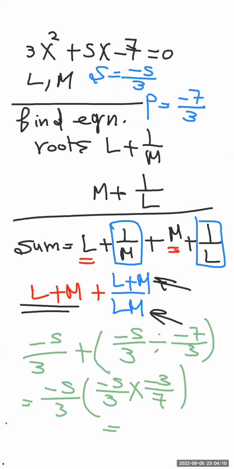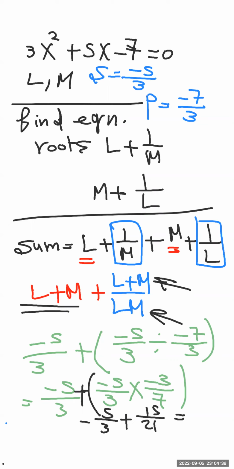I will get my calculator. Here there is a plus sign. Negative 5 over 3 plus this one, 5 over 7. Correct?